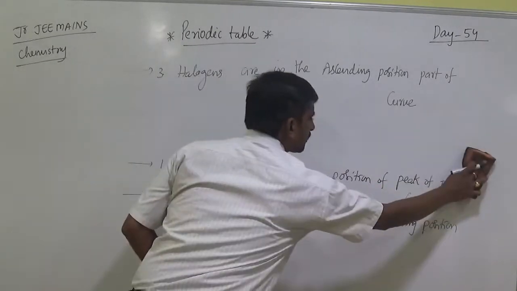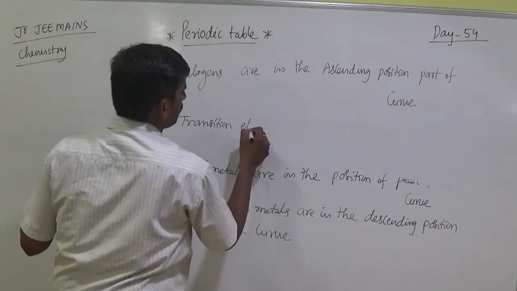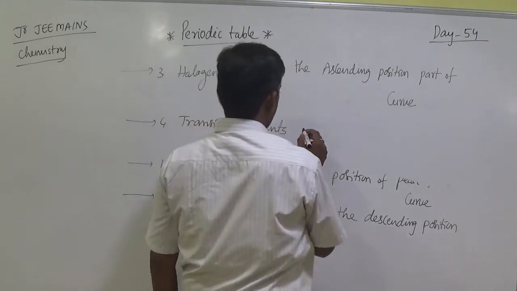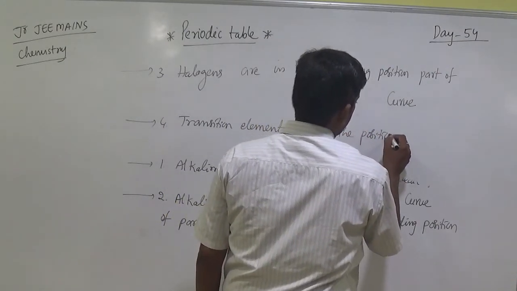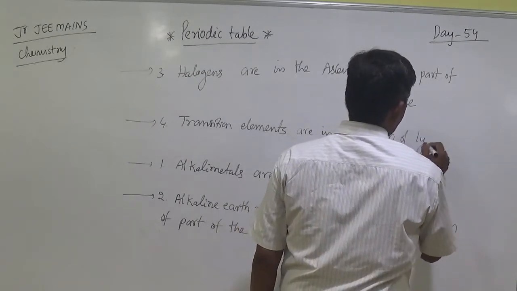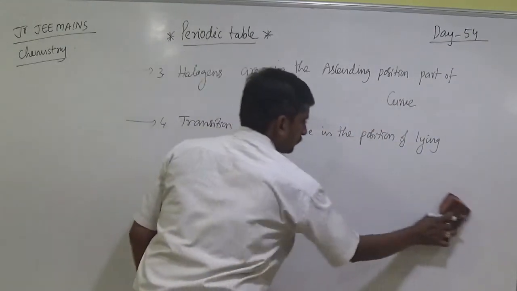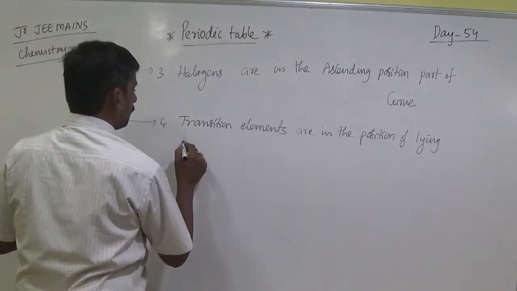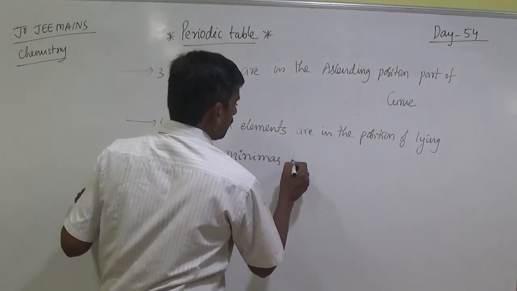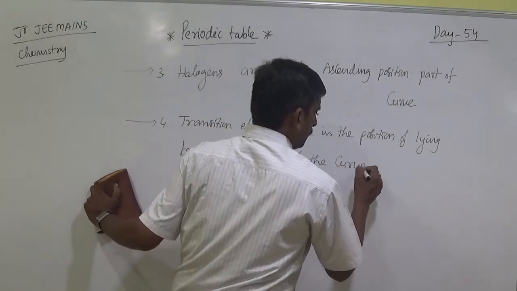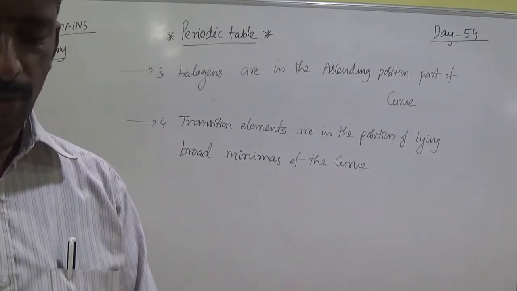Next, transition elements are in the position lying at the broad minima of the curve. So these are some points in the Lothar Meyer curves.